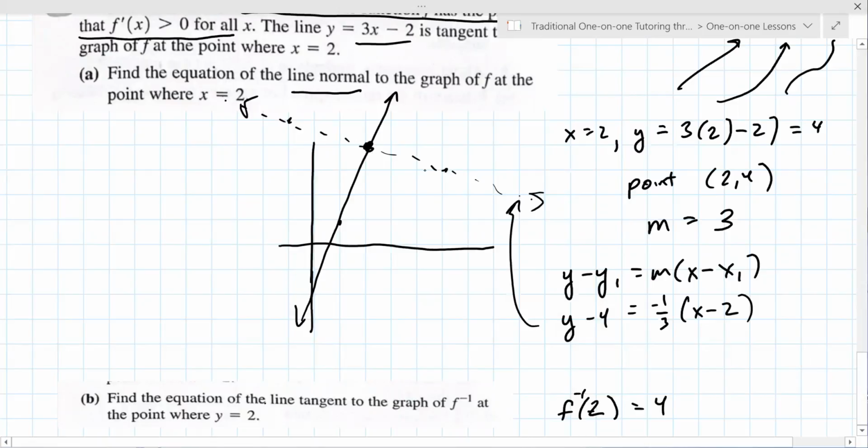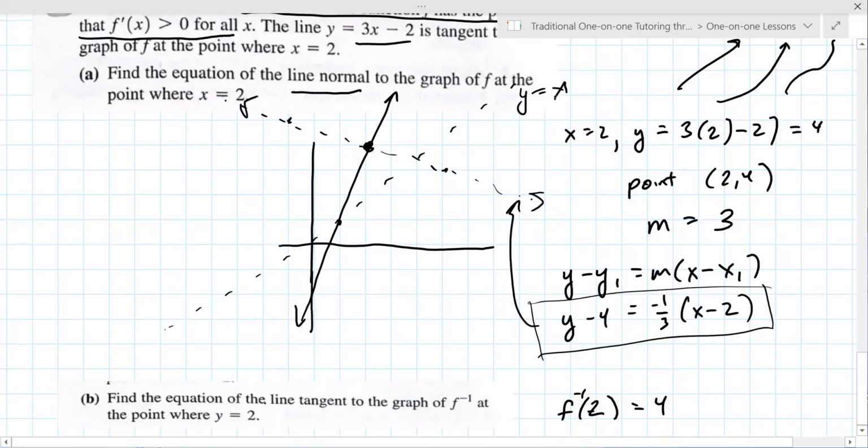So I'm just going to take a guess that it's referring to this one there. The reason is the line y equals x, that's how your inverse is created.